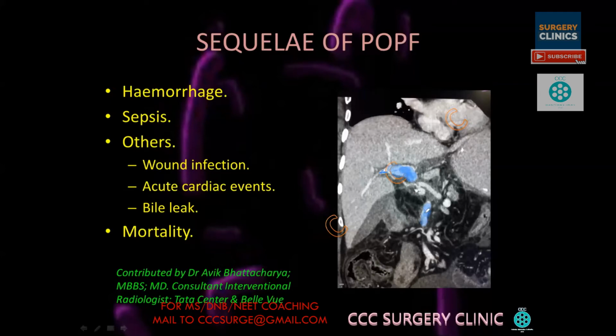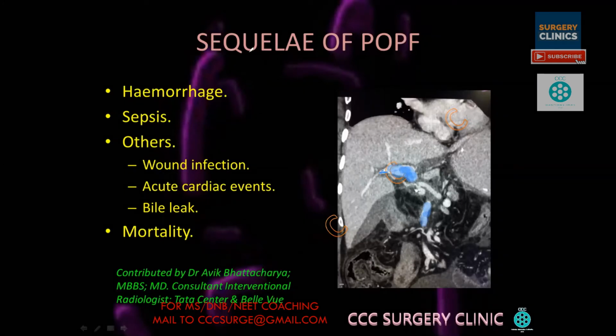This is post Whipple's. And this is actually the main hepatic artery that's dividing into right, and the left doesn't show out here. But the problem was, nobody understood what this was. Can you see that?